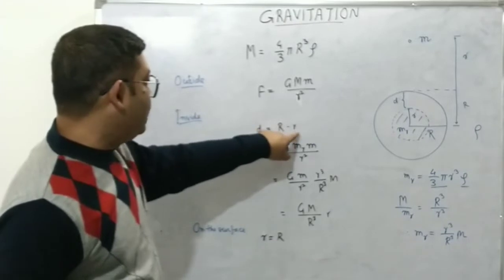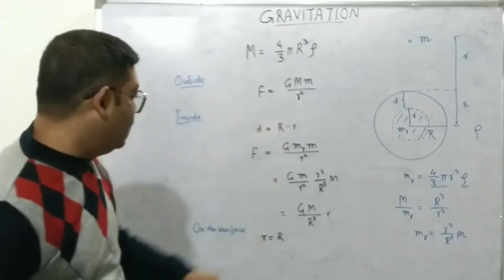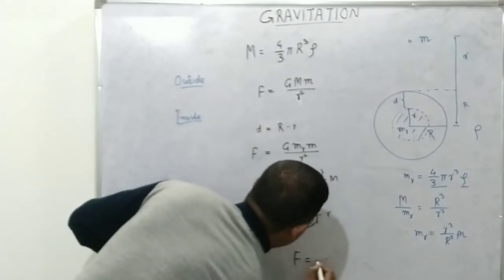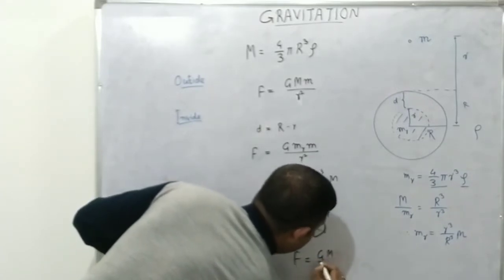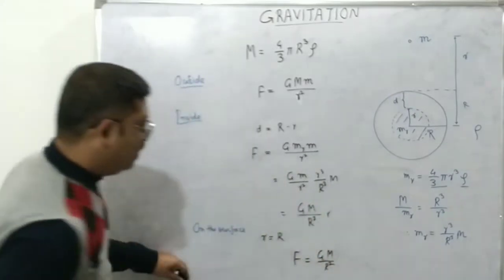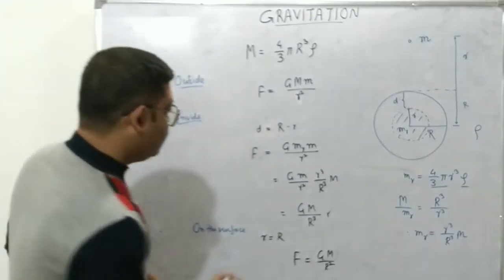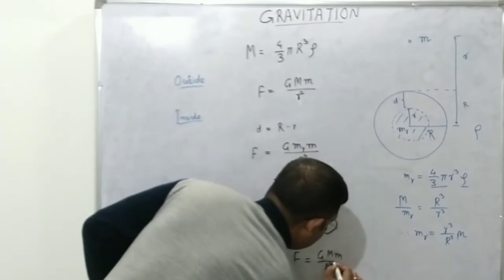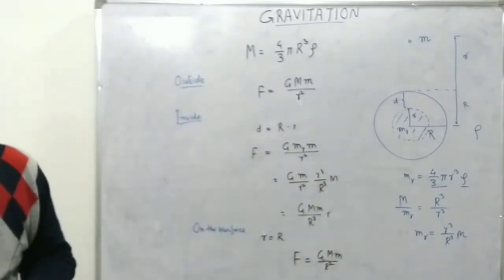If d is 0, we get small r equal to capital R from this equation. Therefore, we have F equal to G M m by capital R squared, small m will still be there, right?